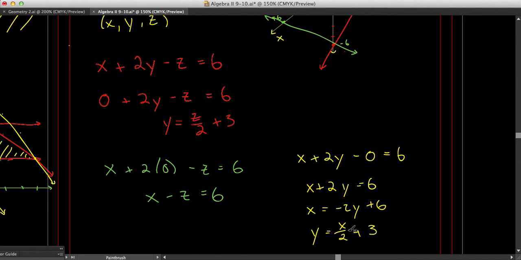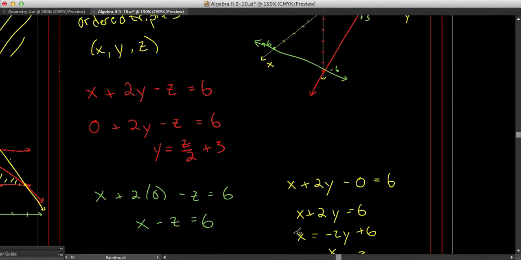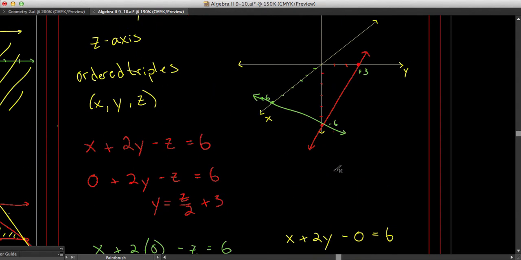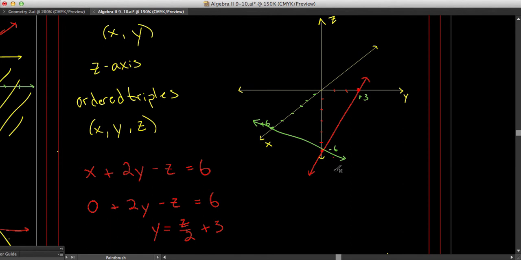All right, so now that we have this linear equation, our last one, and this is in our typical xy plane. So our y-intercept for this is going to be 3. So let's imagine this xy plane.